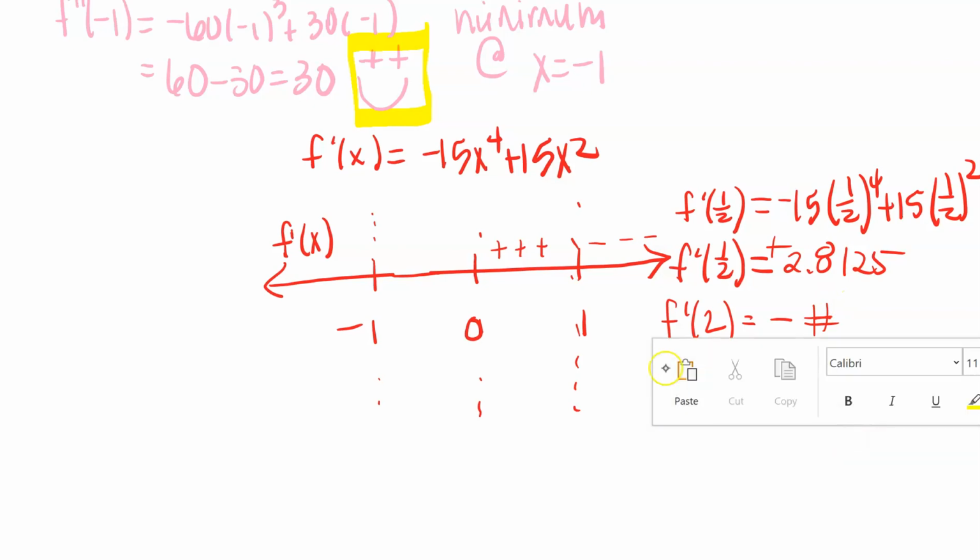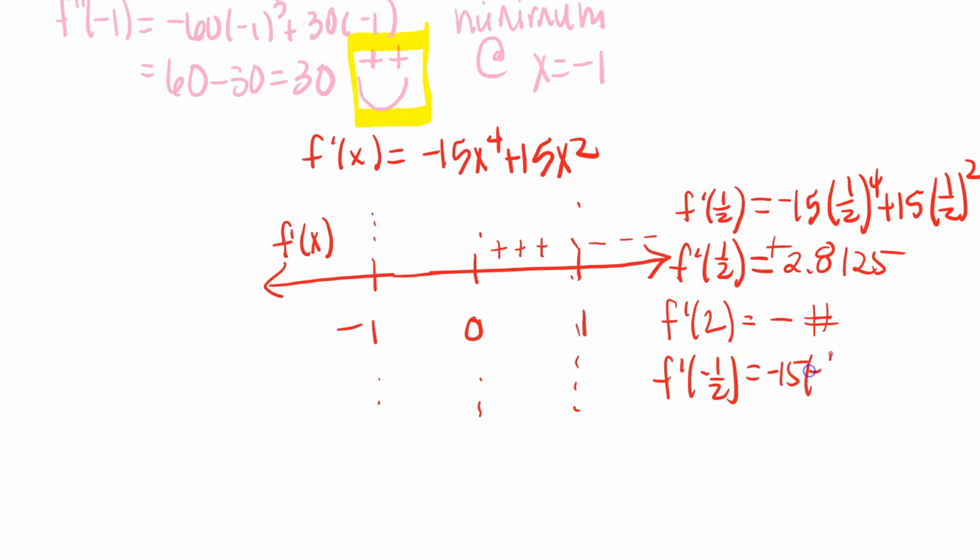Now, if I plug in f prime of negative 1/2, this will give me a value here. So again, I'm just going to plug in negative 15 times negative 1/2 to the 4th plus 15 times negative 1/2 squared. I'm going to go on my calculator, go into what I just typed in, and change those 0.5s into negatives.